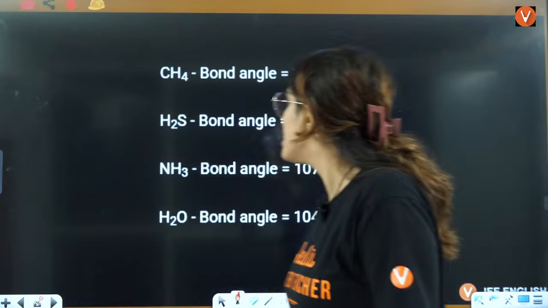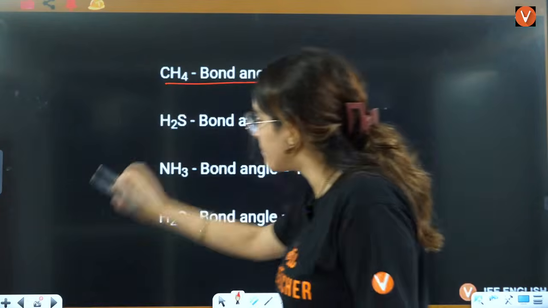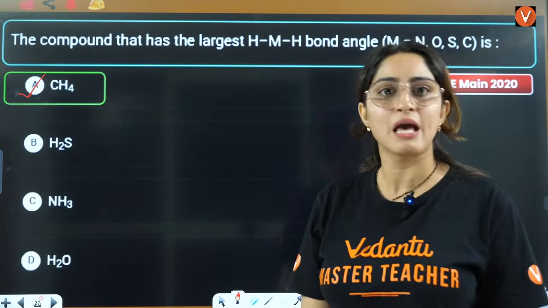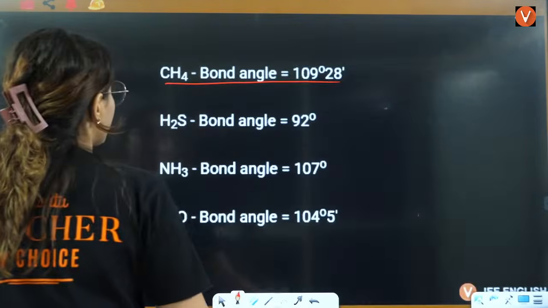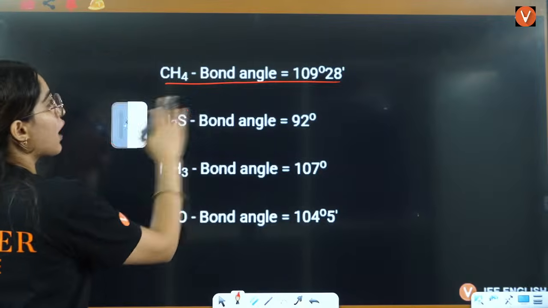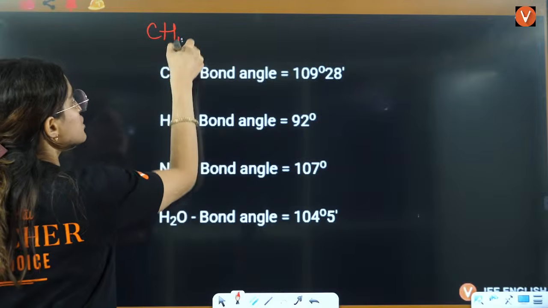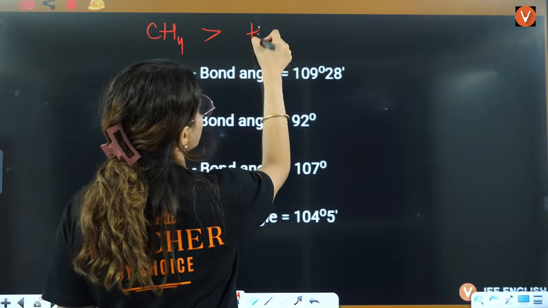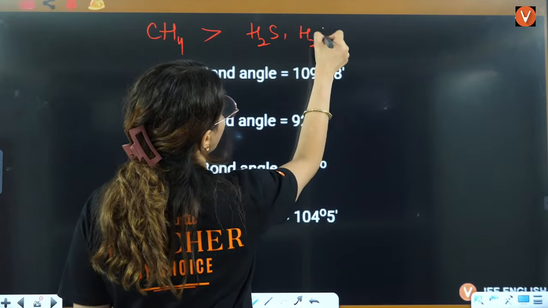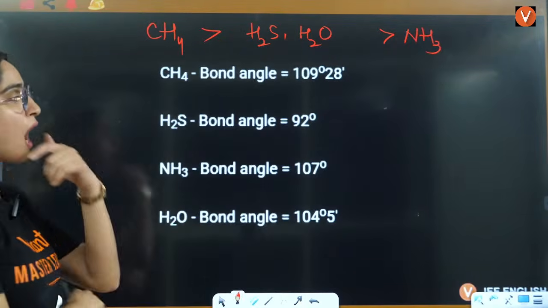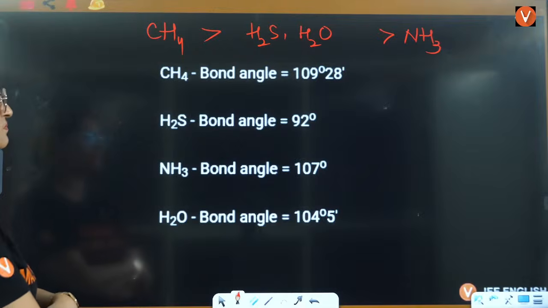Directly we know that CH4 has maximum bond angle of 109. Okay, right? Now, if you have to tell me the order without even looking at the data, we have CH4, then we will have H2S or H2O, then we will have NH3. Now out of these two, how will I tell which one is greater?